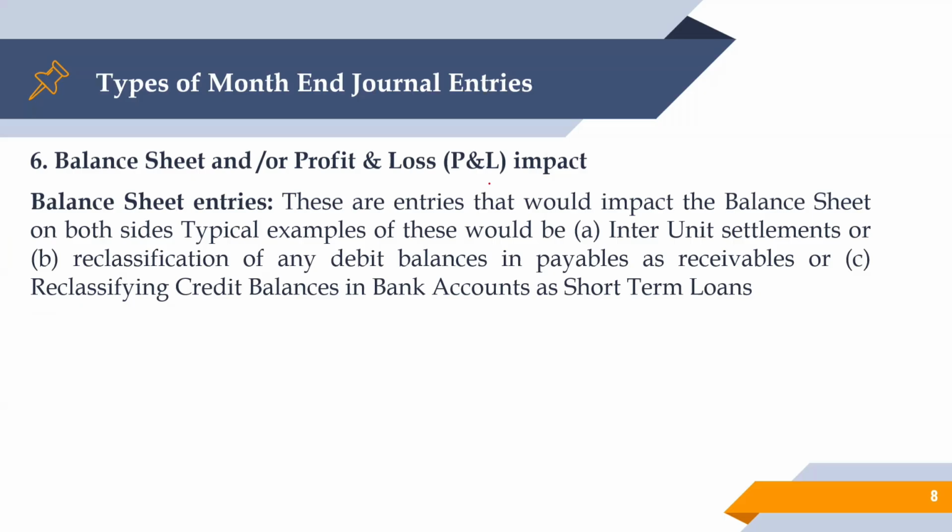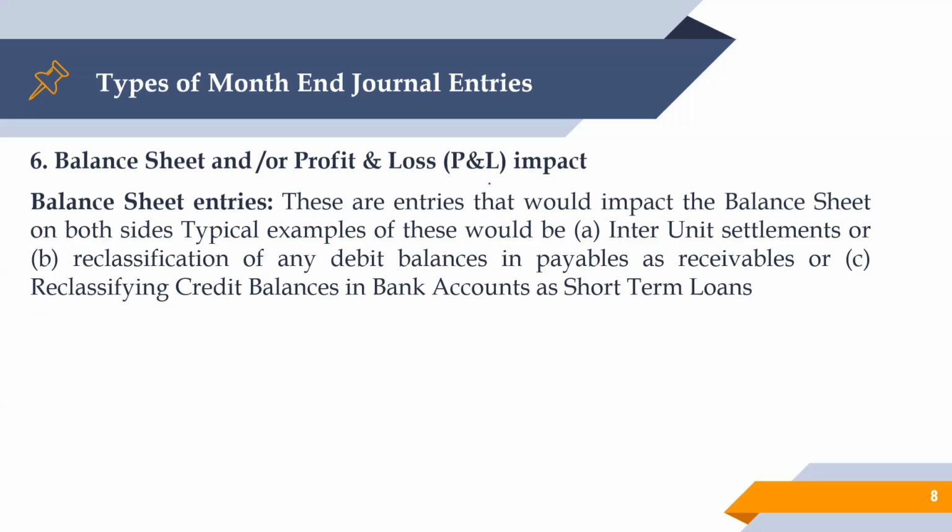But try to understand that some entries impact the balance sheet on both sides. That's going to be inter-unit settlements or reclassification of debit balances in payables as receivables. It means that if your payables balance is negative, then that's going to be a receivable for us.